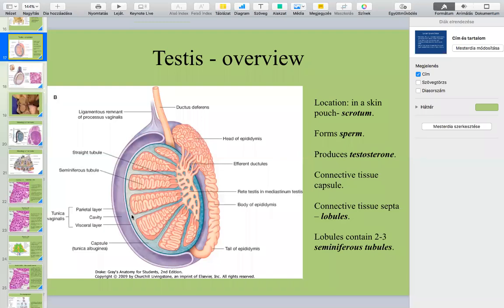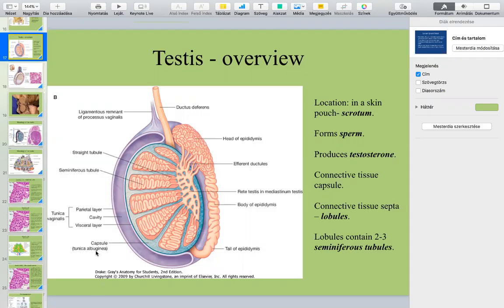The tunica albuginea surrounds the testes tightly. On this drawing, we can beautifully see the cavity of the tunica vaginalis forming the visceral and parietal laminae.